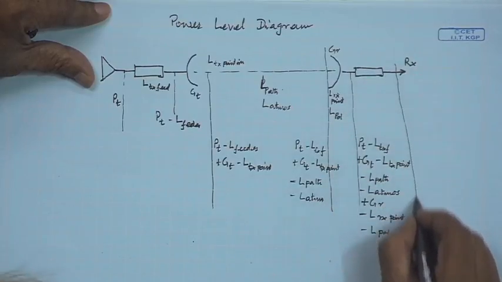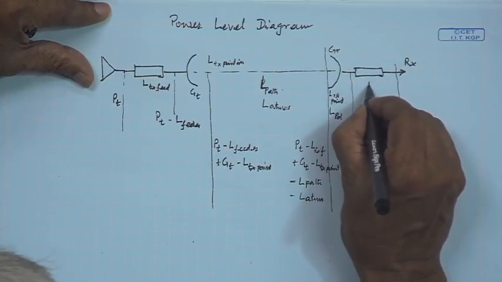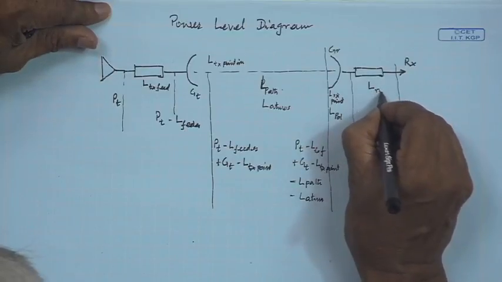And then after that, the further loss, that is loss due to receive feeder.